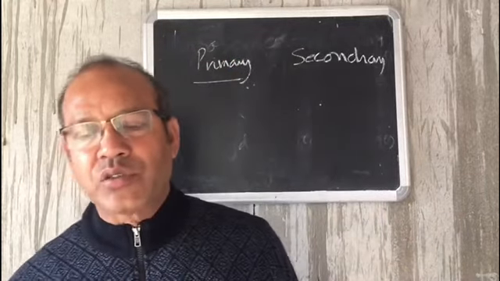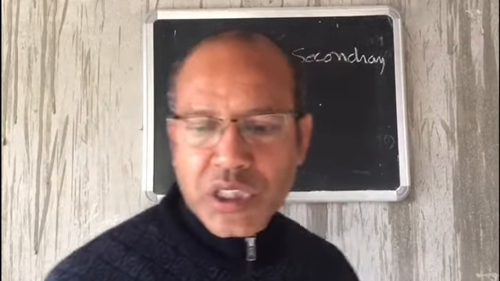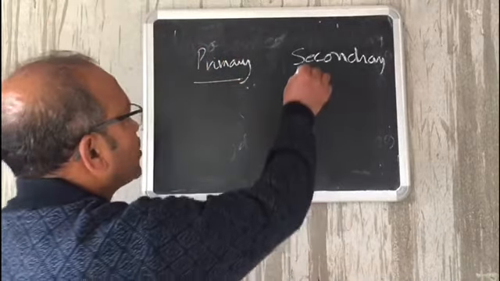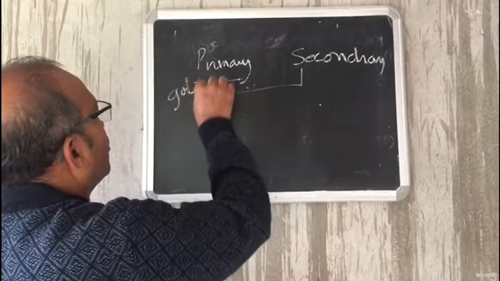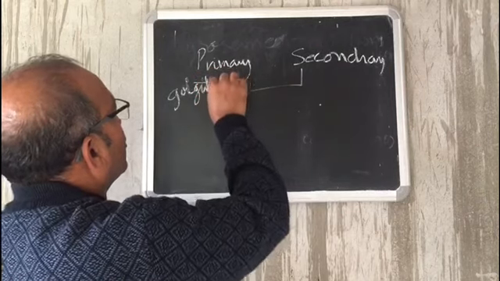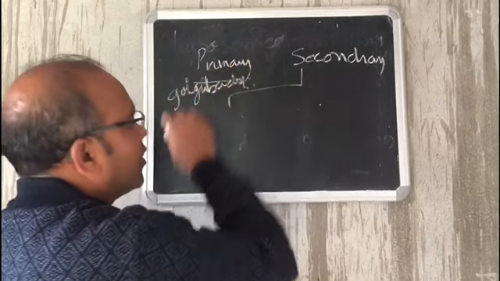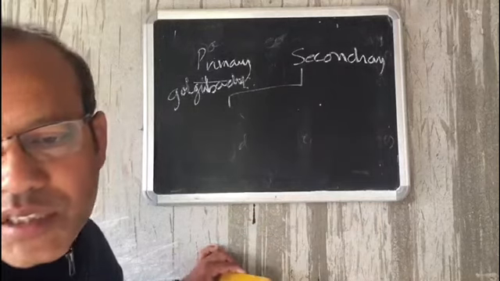Then secondary lysosomes can again be divided into three types. Secondary lysosomes are produced by the Golgi body, especially at the maturing phase.